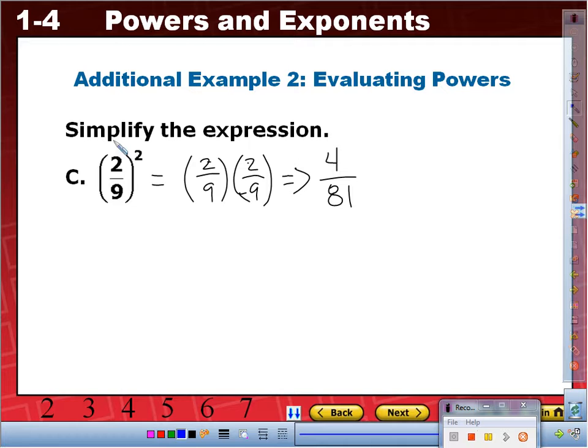Remember that? What do I need to write here? A 1, and here? A 1. If I was to distribute the power to the exponents here, this becomes 2 to the second over 9 to the second. Is that correct? And isn't this the same as 2 times 2 over 9 times 9? Which gives me 4 over 81.